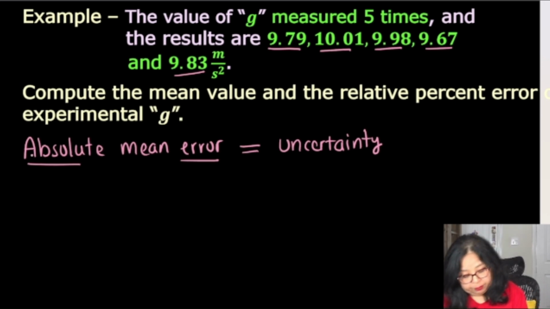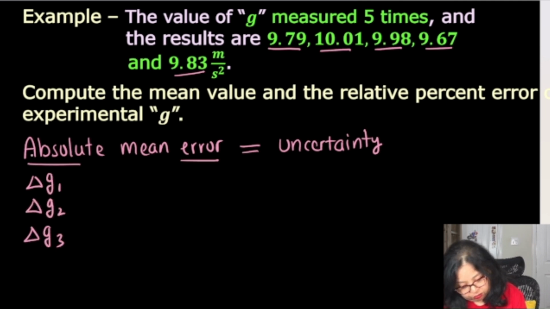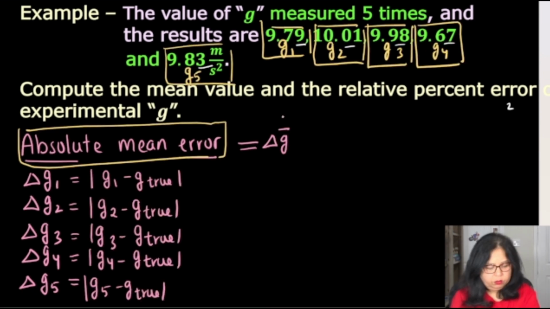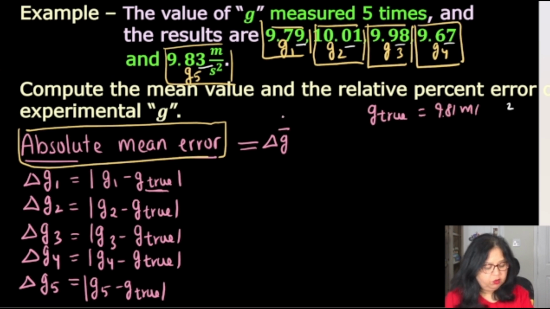What do I mean by that? I will find delta G1, delta G2, delta G3, delta G4, and delta G5. Now, what are these deltas equal to? I know that so far we have been calling G true 9.81 meters per second square, which is true.